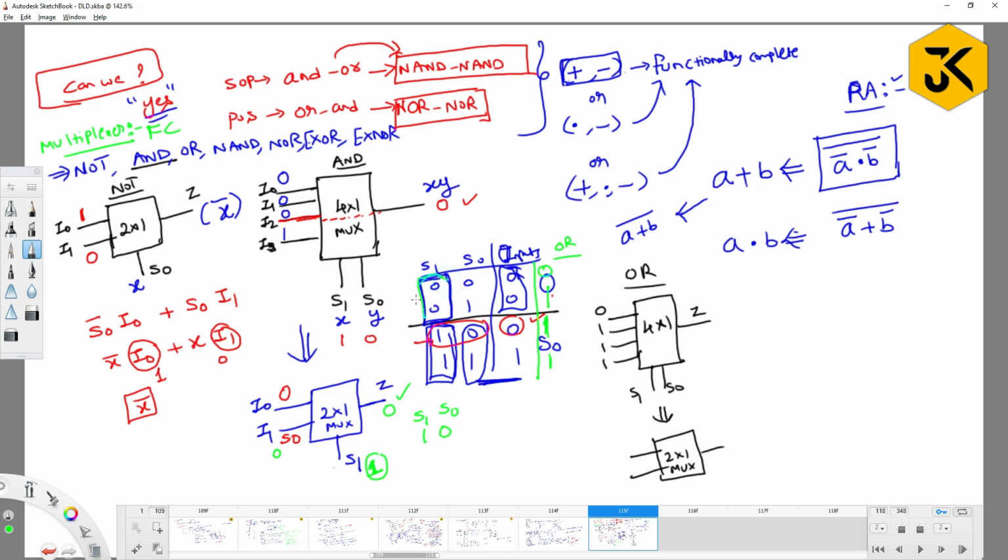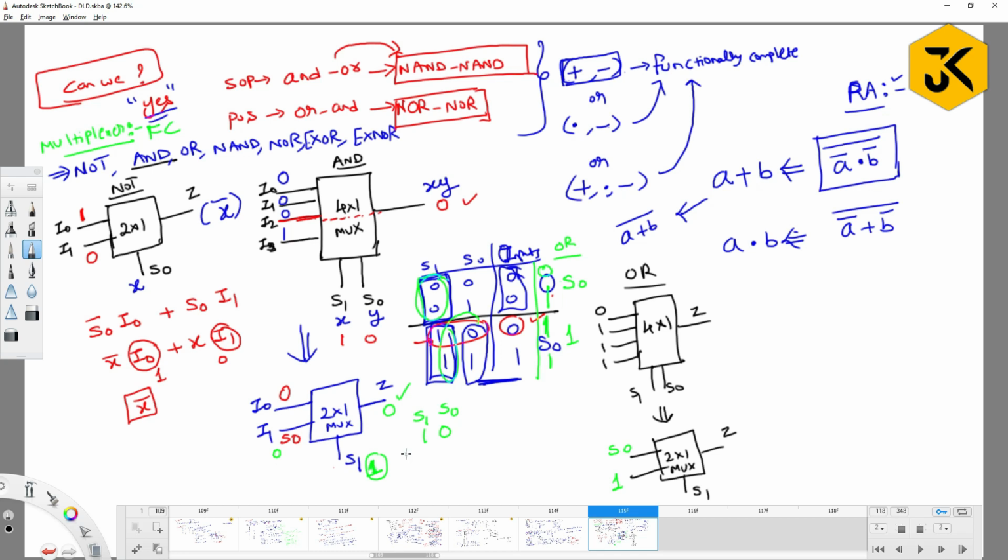If I have 0 as input, what output are you expecting? S0. If I have 1 as input, what output are you expecting? 1, 1. So here, one input is S0, and the second input is 1, when the select line is S1. It produces its corresponding J. Guys, is it always necessary to select S1 as the select line?